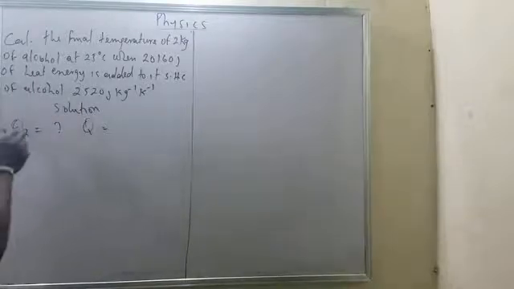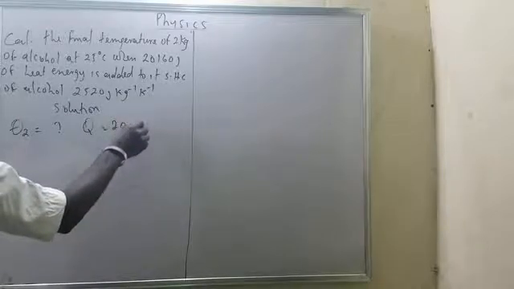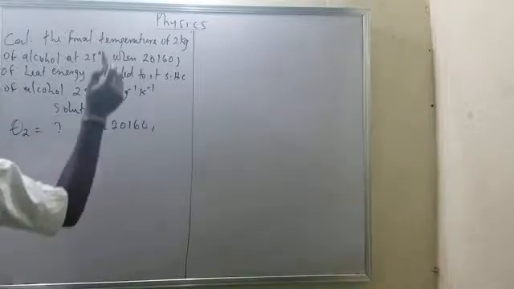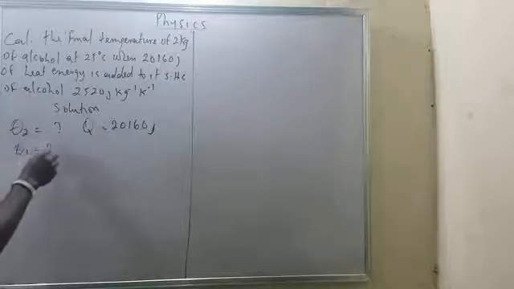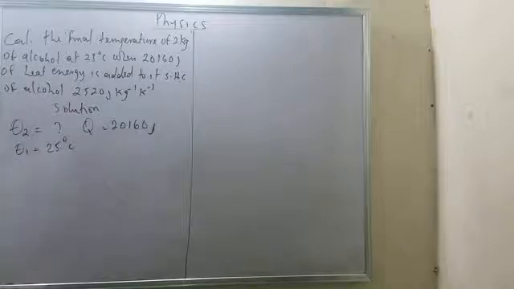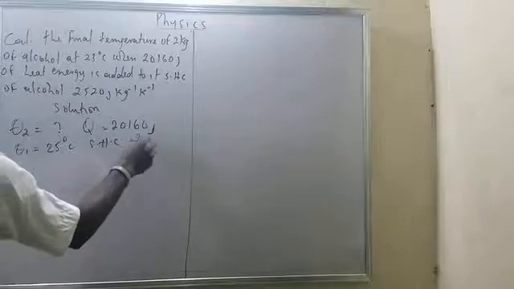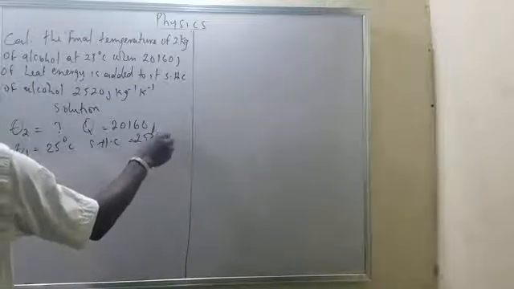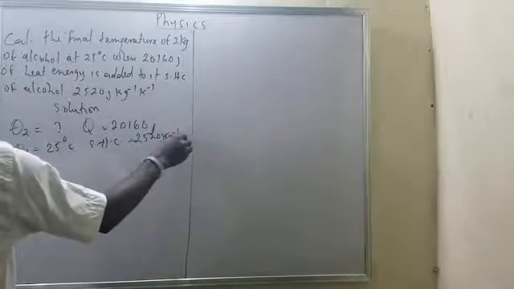The energy given to us is equal to 20,160 joule. Also my initial temperature is 25 degrees Celsius, and the specific heat capacity of the substance is 2,520 joule per kilogram per Kelvin.